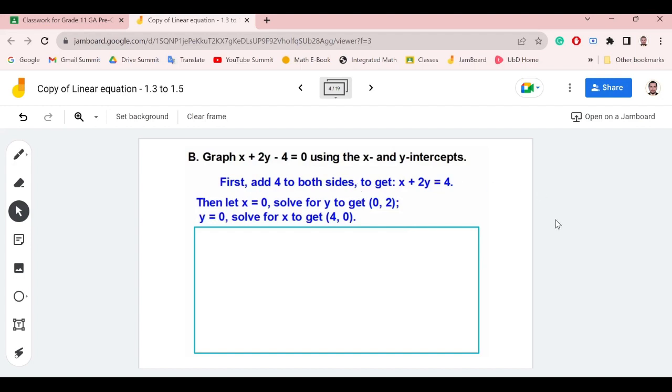Just put x as 0, then we can find y by dividing by 2, right?